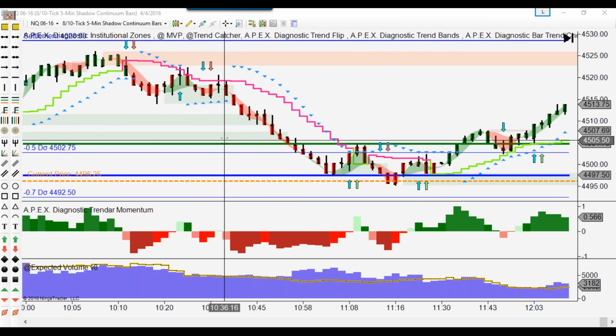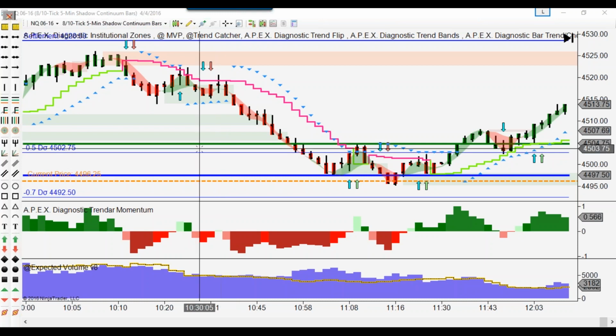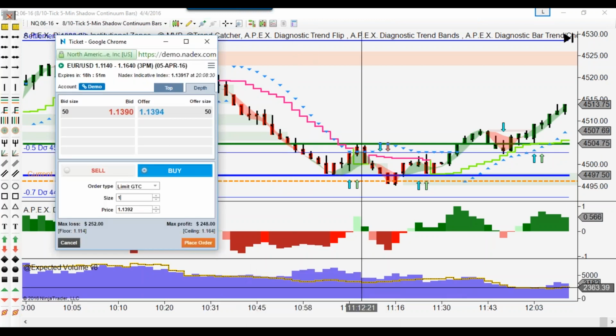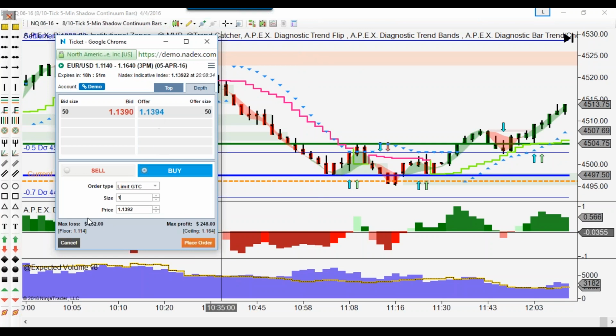Just wanted to open your eyes a little bit to the difference of binaries and spreads and understanding that there's different times to use each. And the big thing I wanted to drive home tonight was when you're looking at these spreads, do not let that number scare you off, because you're thinking like a binary trader. You're thinking all or nothing. I'm going to lose this $252 all or nothing based on a pip or two, and that's not the case.